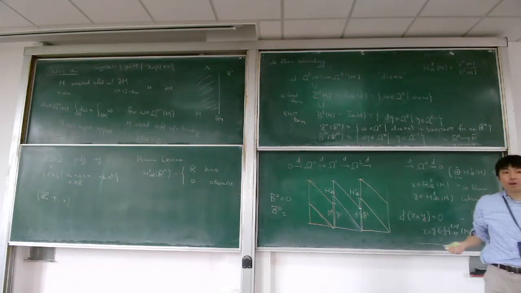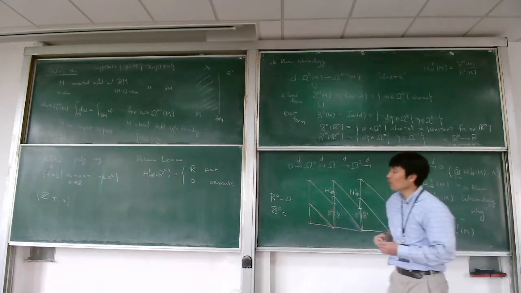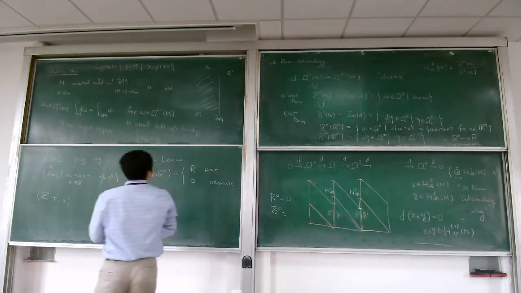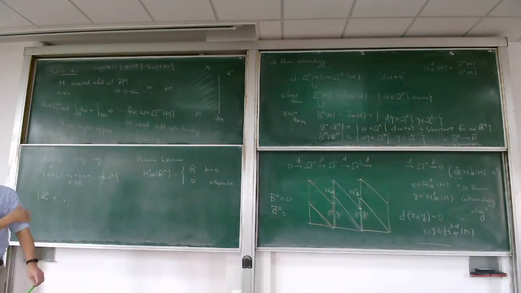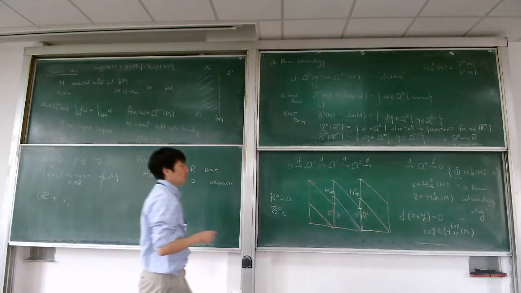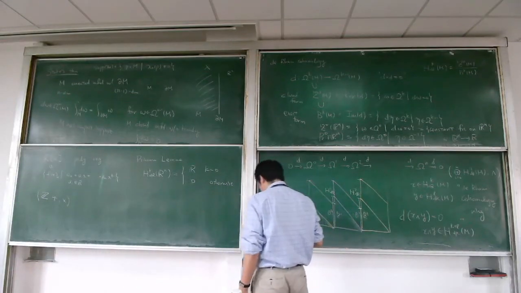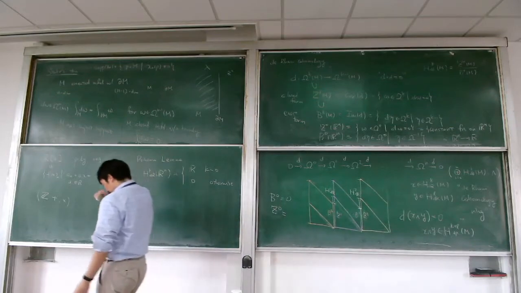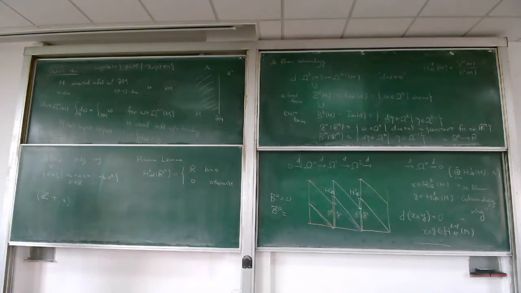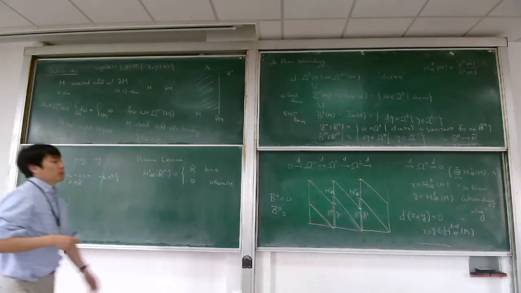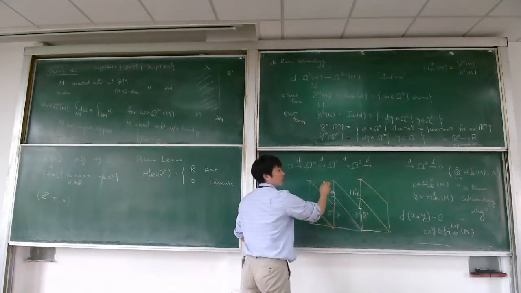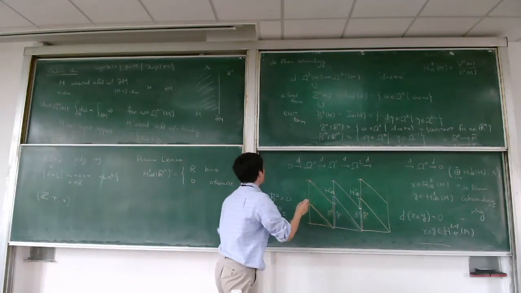That's what the Poincare lemma means. And furthermore, locally, on R^n, all the differential forms can be written this way.